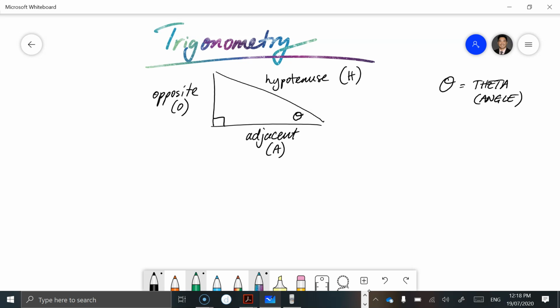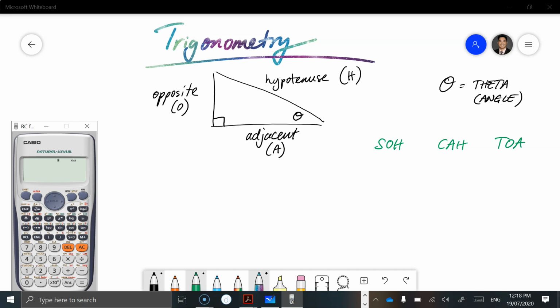Now, this is a famous saying, SOHCAHTOA, and this is just a structure, a set of formulas that I want you to commit to memory and to be really familiar with. And at this point in time, it may not make any sense to you. SOHCAHTOA. And we have a calculator, which requires you to be familiar with three extra functions.